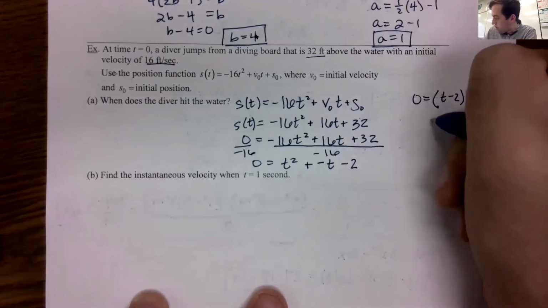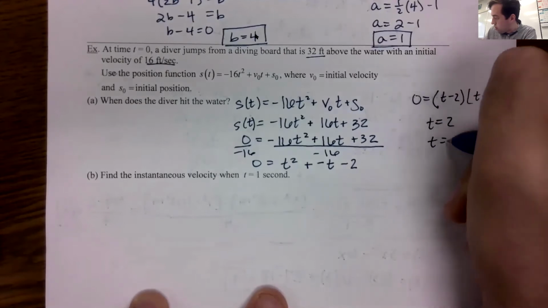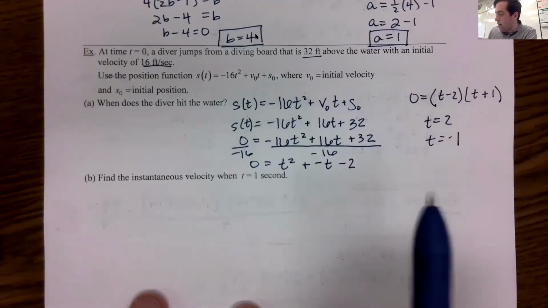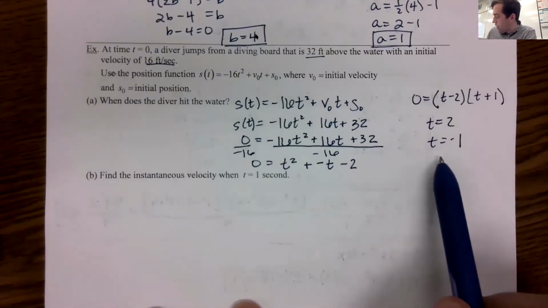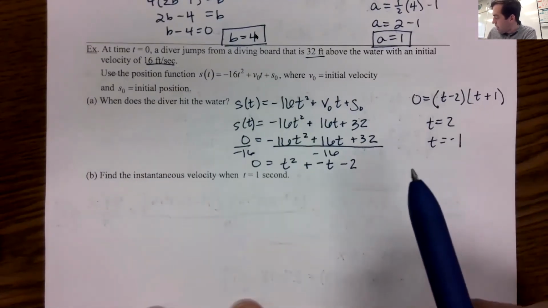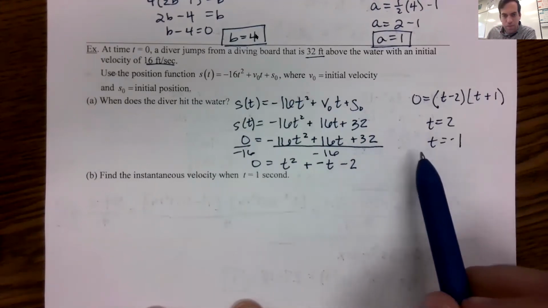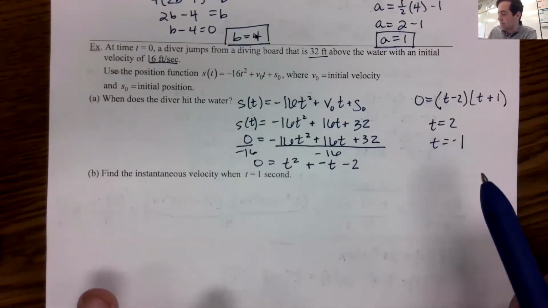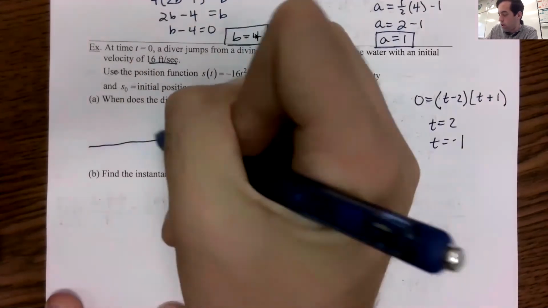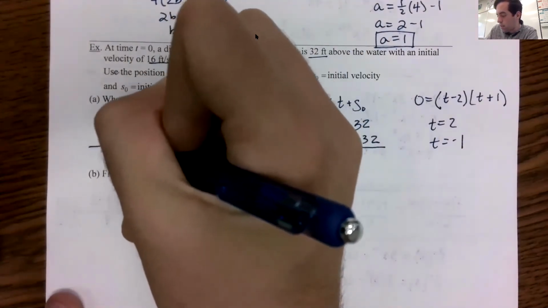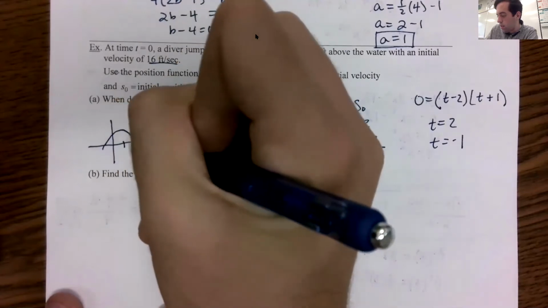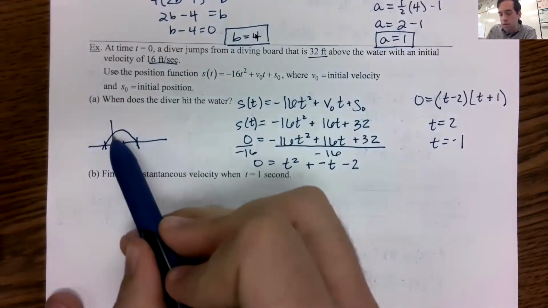So our times are 2 and negative 1. And again, that's in seconds. And so we are at the water at negative 1 second and at 2 seconds. Negative 1 doesn't really make sense. That's before we even started. If we think about what this graph looks like, it's something like this. And this is where the diving board is.